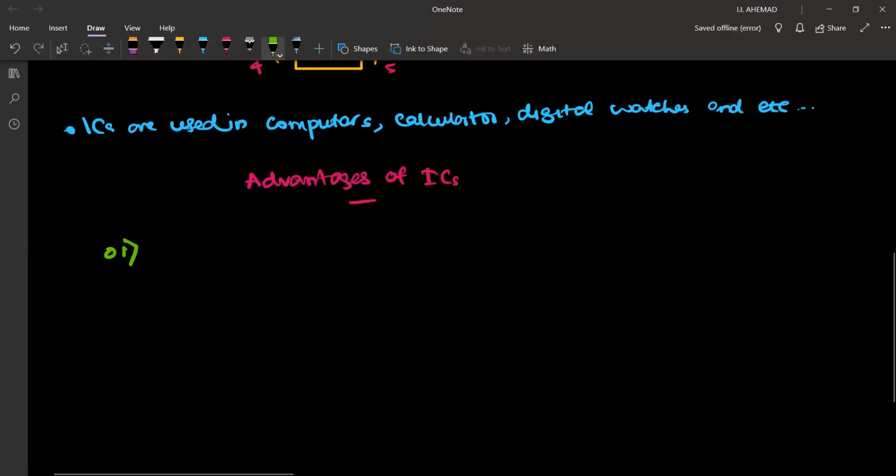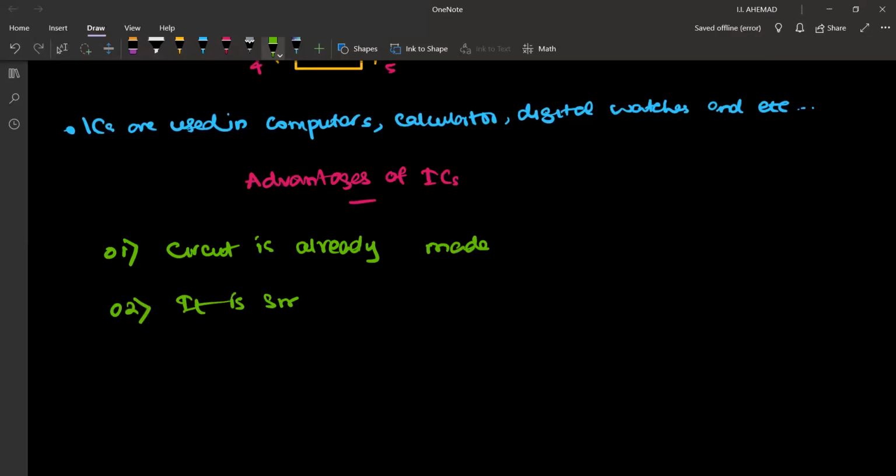The circuit is already made. And second, it is small in size.